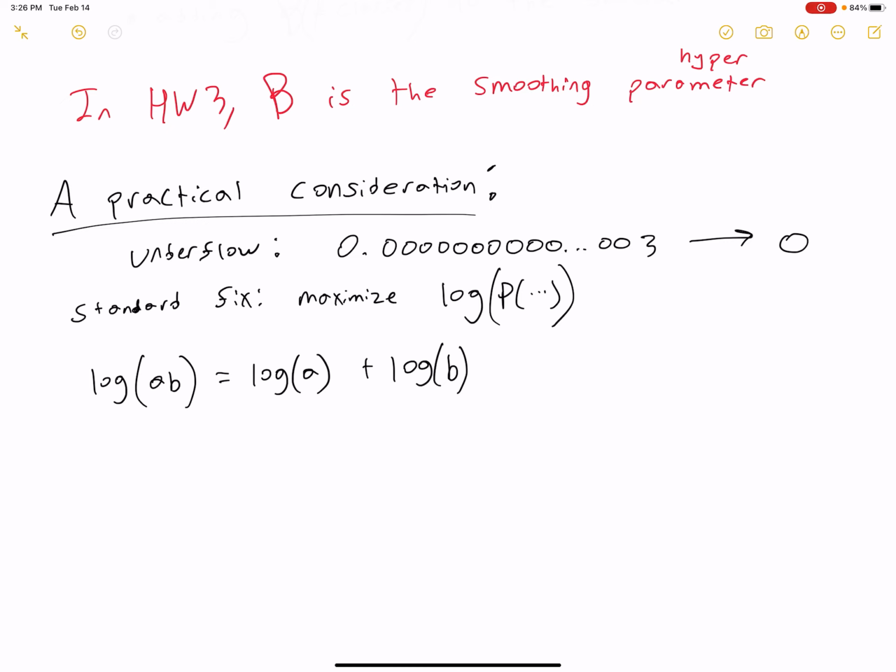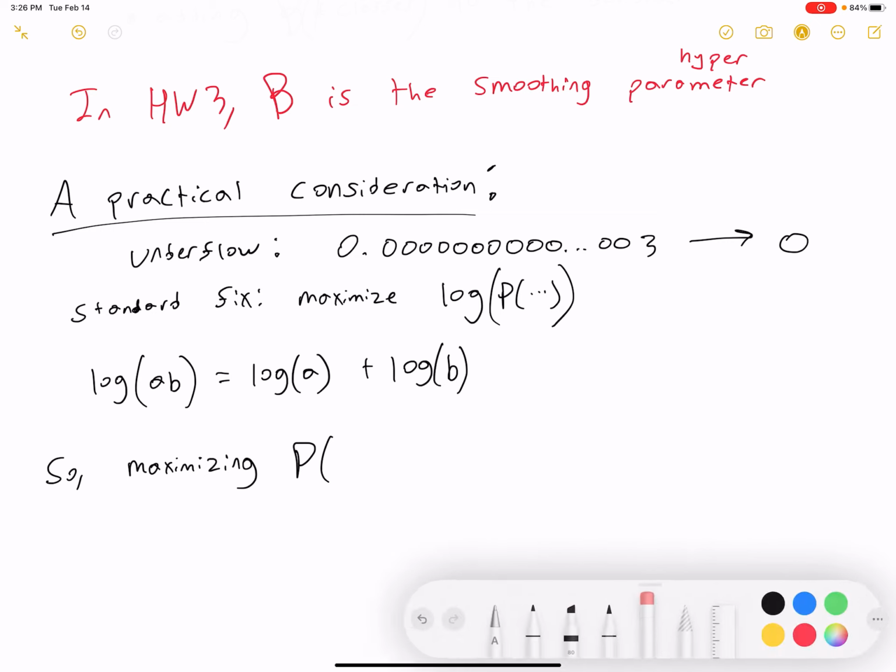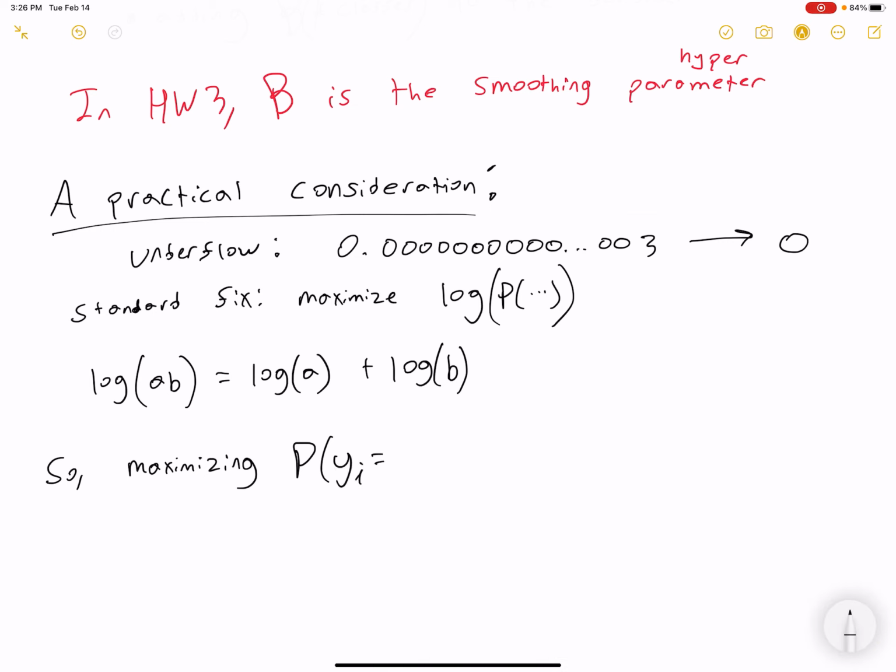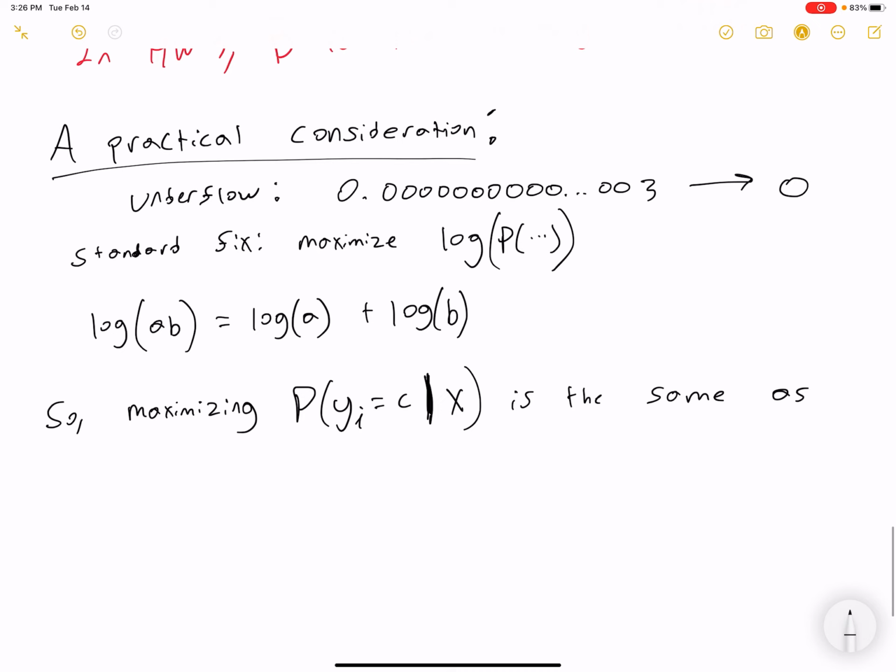Then maximizing the probability that we look at in naive Bayes, that y is equal to any class given the data, is the same as maximizing the log of that probability.